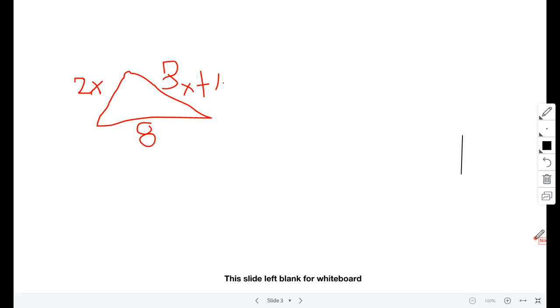Oh no, this is not hard. You have to write an expression for the perimeter of the triangle. It's so simple.